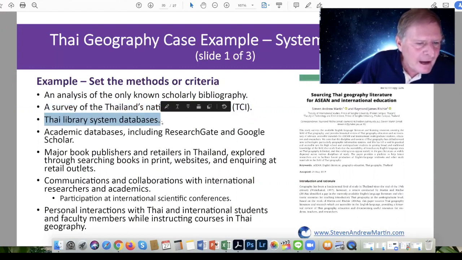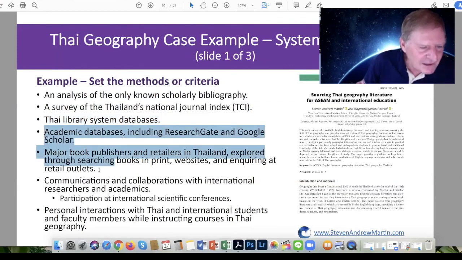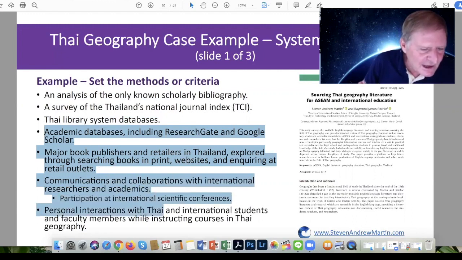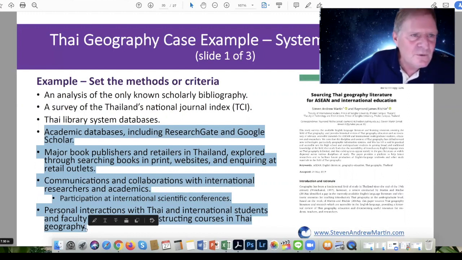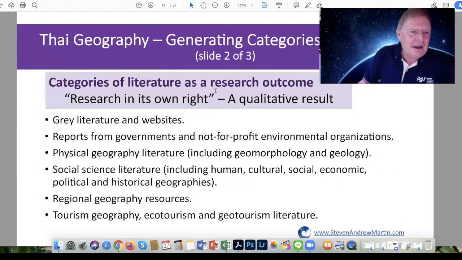I went through all the Thai library system databases, and you can go down the list here, from everything to going to bookstores. I basically did everything humanly possible to collect research on Thai geography. So this was a set of methods or criteria for that. Then I created my own categories.